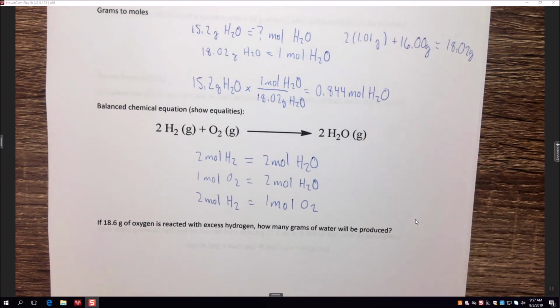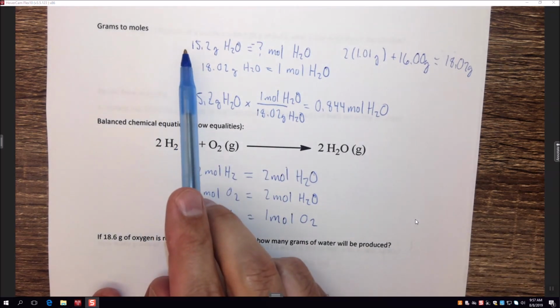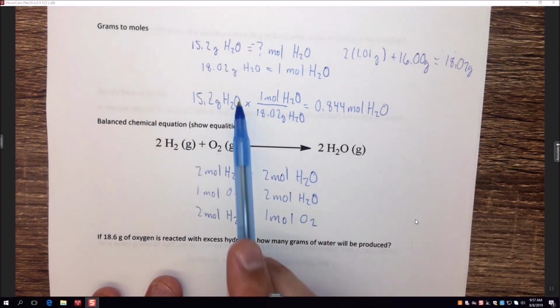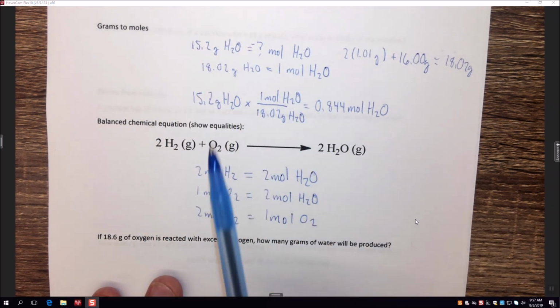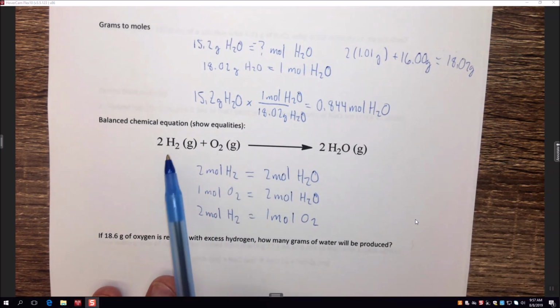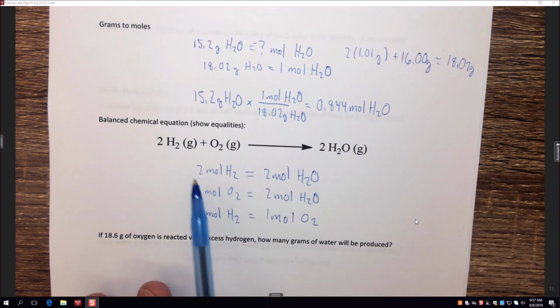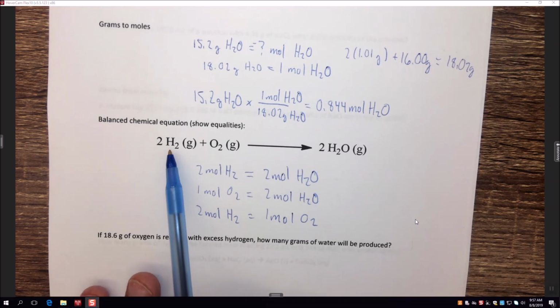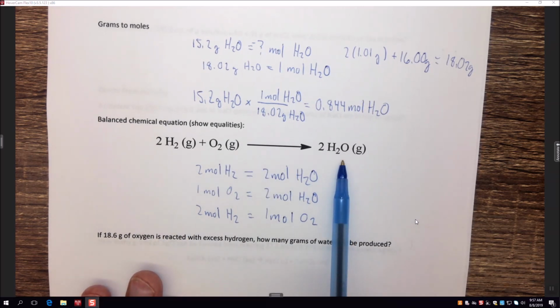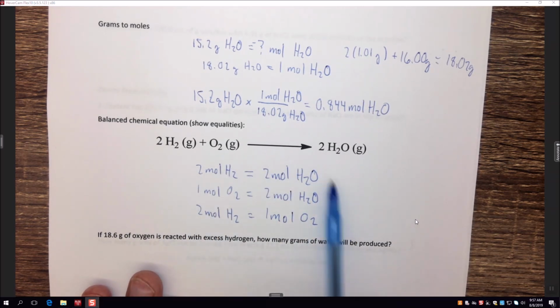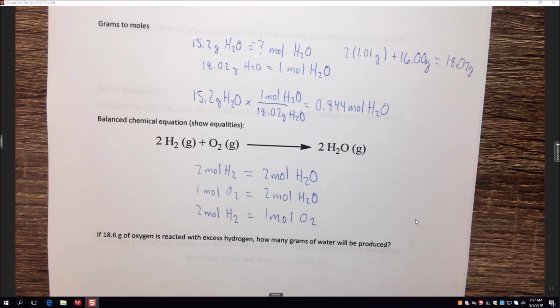So in the first example, we learned how to convert from grams to moles and moles to grams. In the second example, we learned how to use a balanced chemical equation to look at the relationships between moles of one thing and moles of another. We could use these equalities to do dimensional analysis.